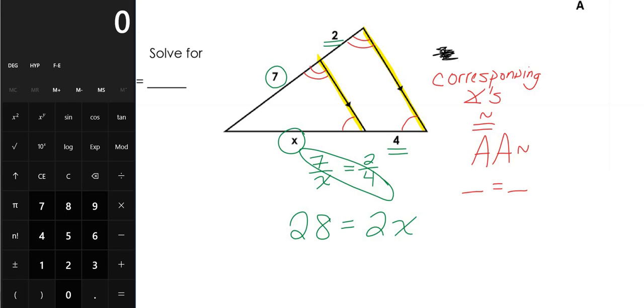Divide both sides by 2, and we get 14 equals x. So 14 is the length of this piece right here. Proportions, proportions, proportions. When you see things are similar, just match them up, throw them into a proportion. Okay, let's keep moving on.